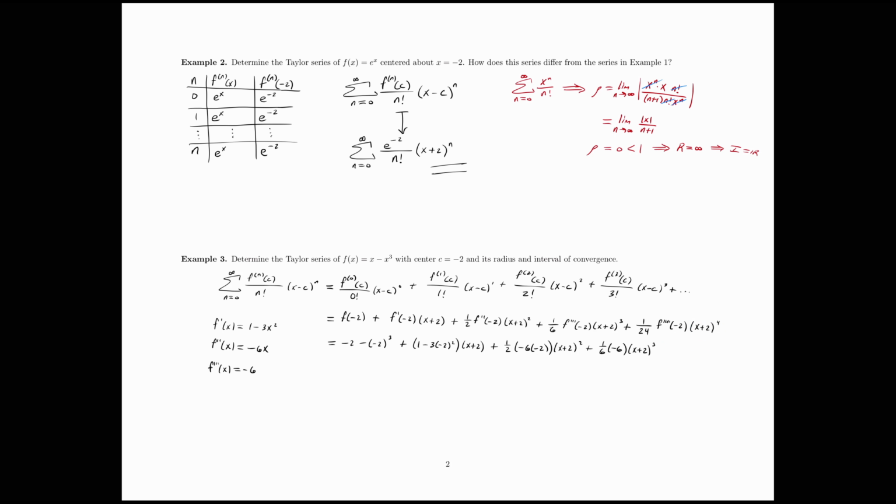Well, notice over here, f quadruple prime of x is 0. And in fact, f to the n of x is equal to 0 for all n greater than or equal to 4. So essentially, this term here vanishes, and so do all the other terms. They are all 0 because of that reason.